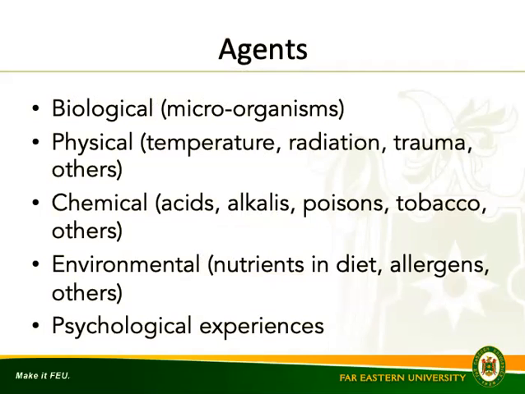When we talk about biological agents, they refer to the microorganisms, your bacteria, your viruses, etc. And then physical agents could be the temperature, the radiation exposure, the trauma, etc. Chemical agent refers to either acids or alkalis or poisons or tobacco and other toxic substances. Environmental agents might refer to nutrients in the diet or allergens in the environment or others, while psychological agents can refer to the psychological experiences and motivations.